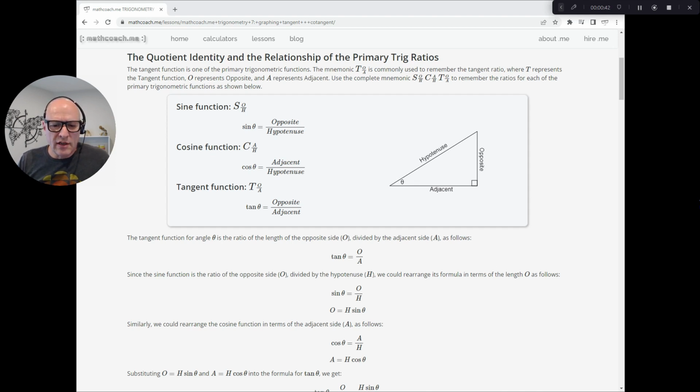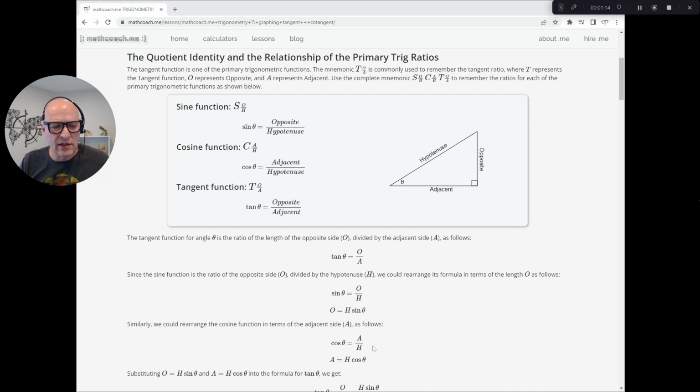So tan of theta is opposite over adjacent, the length of the opposite side over the length of the adjacent side, and I'm representing these with O and A for those two side lengths. And taking a look at sine of theta, sine of theta is the length of the opposite side over the hypotenuse, O over H, and I can rearrange that so that the opposite length is equal to the length of the hypotenuse times sine of theta.